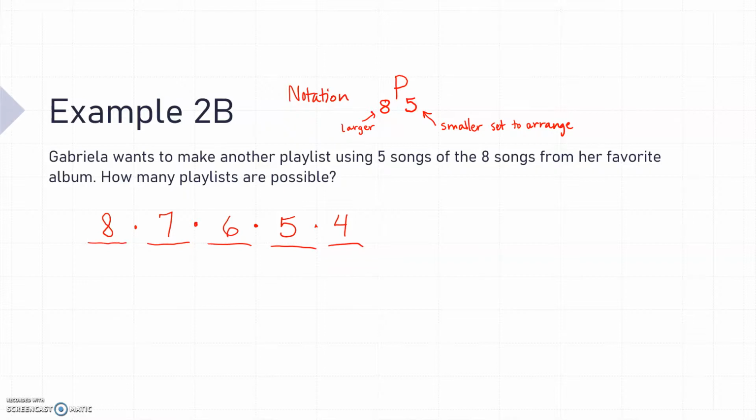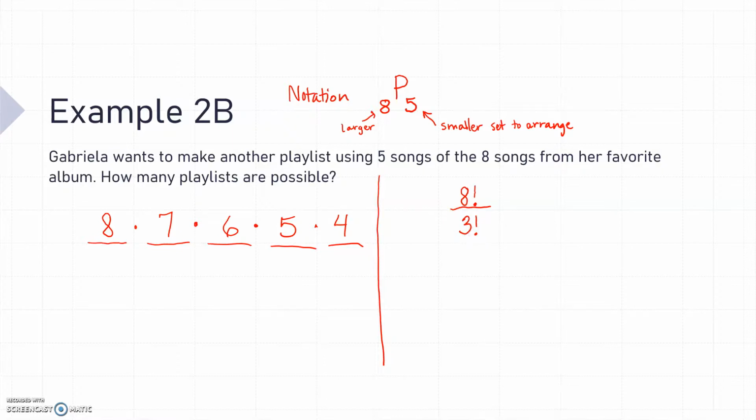The other way to do this problem is to think about it this way: she has 8 songs that she wants to put in order. So the number of ways she can put 8 things in order would be 8 factorial. But there are 3 songs that she's not using, and there are 3 factorial different orders that she could put those songs in.